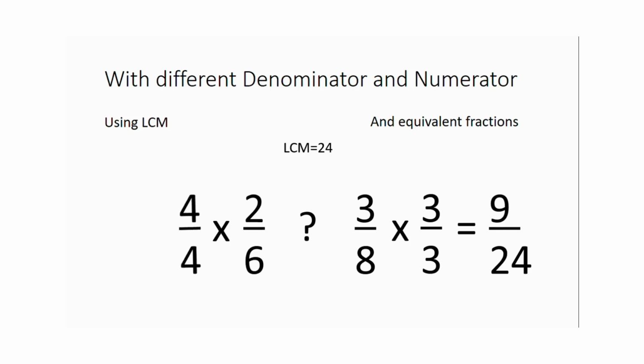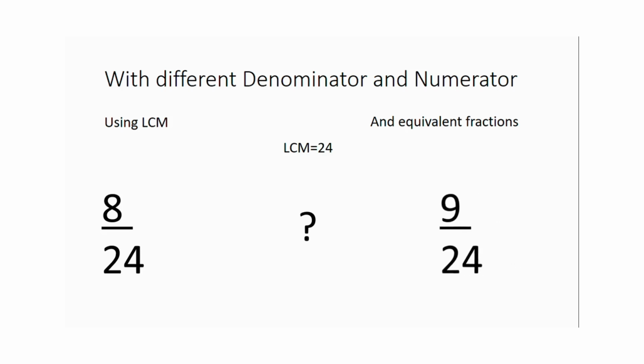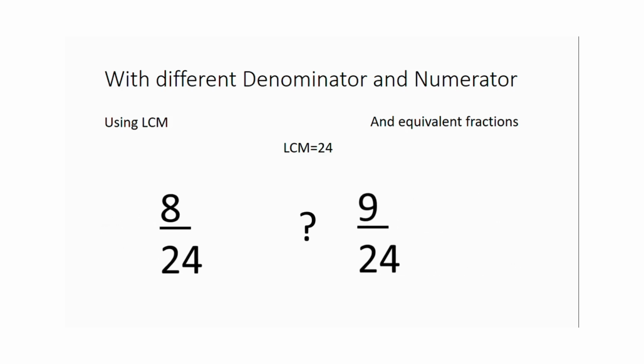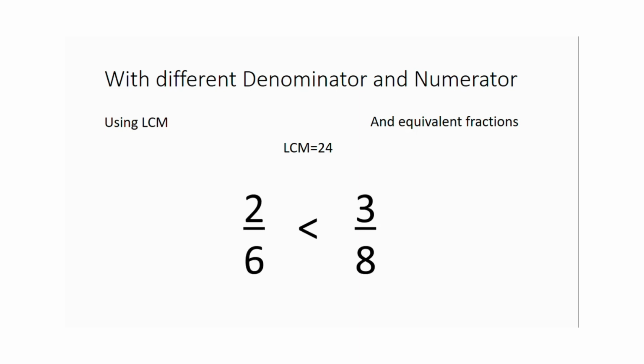Here we're going to multiply by 4/4, and that equals 8/24. So you can see between 9/24 and 8/24, 9/24 is greater. So the original 3/8 was greater than 2/6.